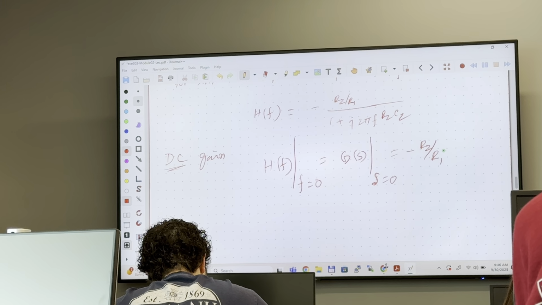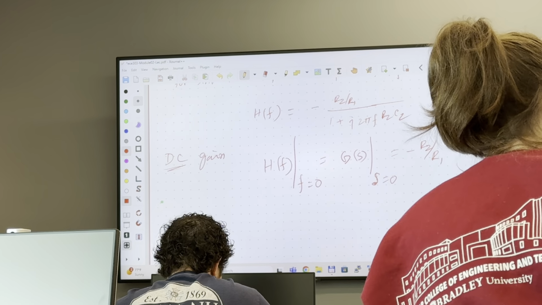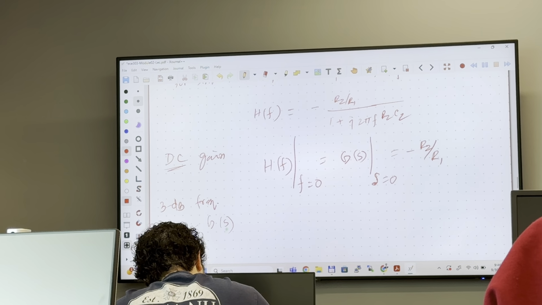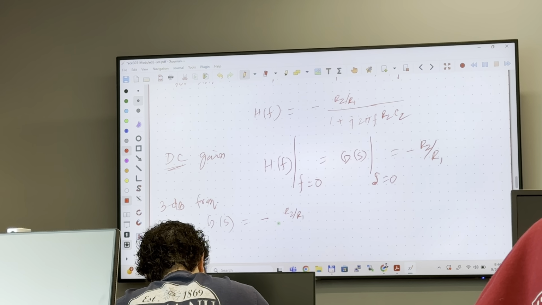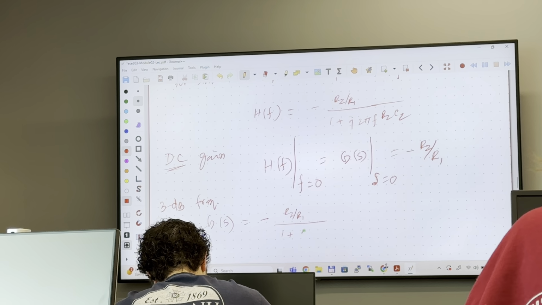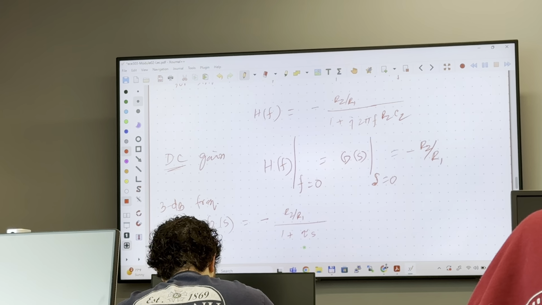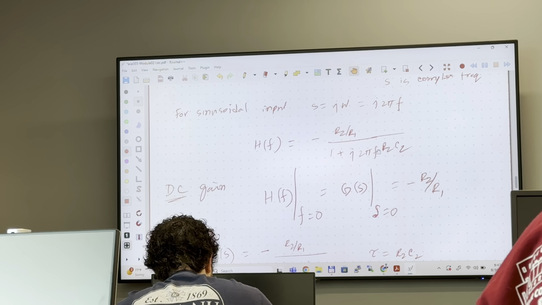For the 3 dB frequency, if you have G of S, which is negative R2 over R1, you can write it as over 1 plus tau S. Now, tau here is R2 C2, as you can see.